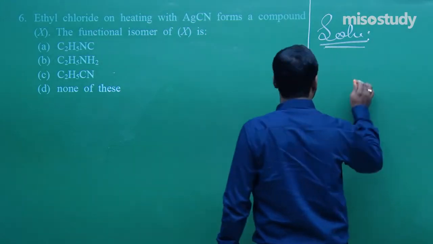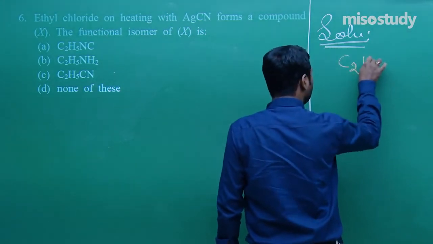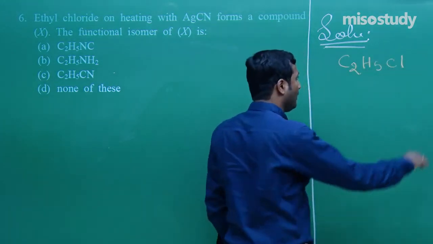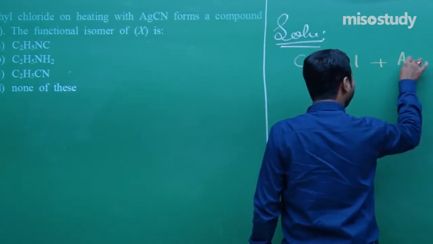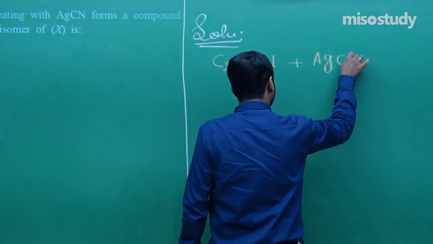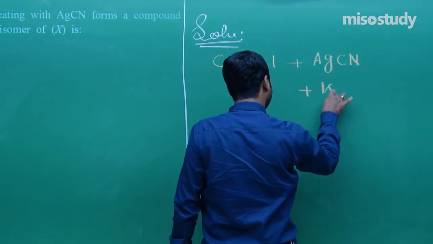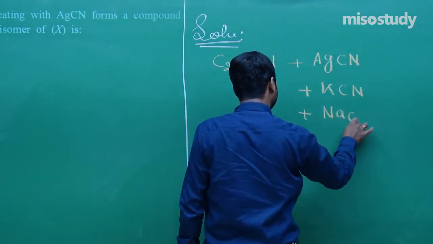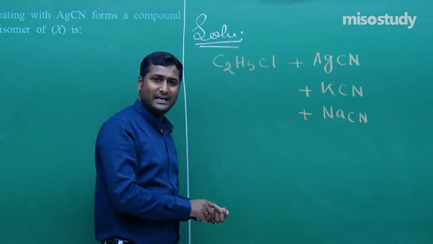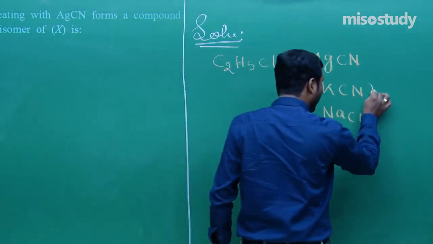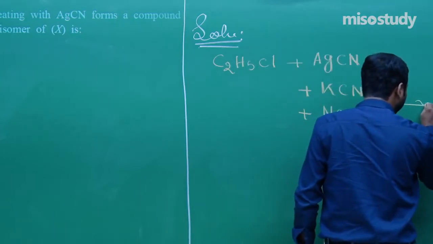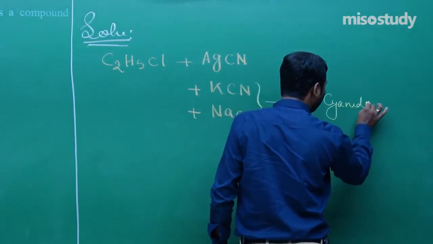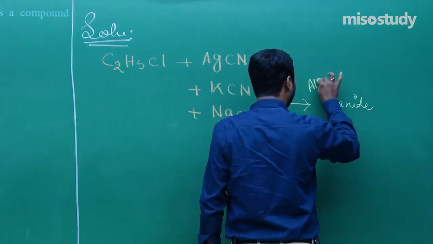Listen, here is ethyl chloride, C2H5Cl. On treatment with AgCN, remember this: on treatment with KCN or NaCN, there is a formation of alkyl cyanide.